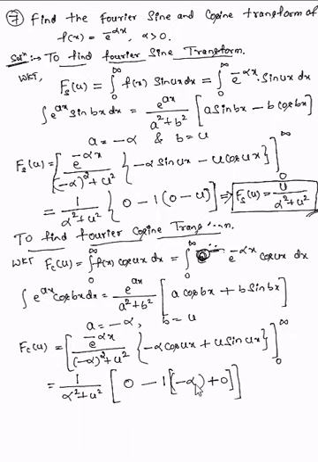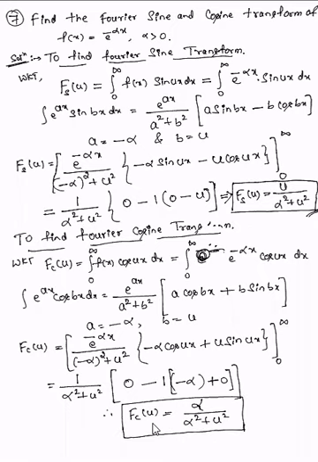Now this is minus alpha plus 0, minus alpha, minus into minus plus alpha. So the final answer is, therefore, fc of u equals alpha divided by alpha square plus u square. So the Fourier cosine transform for this problem is alpha divided by alpha square plus u square.